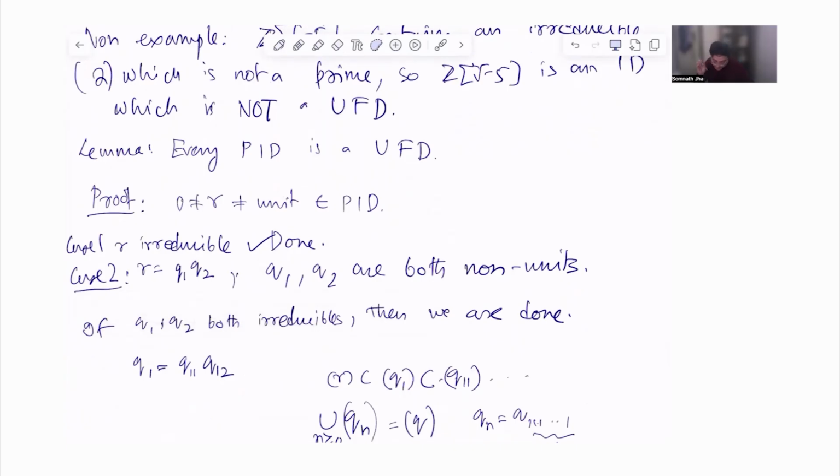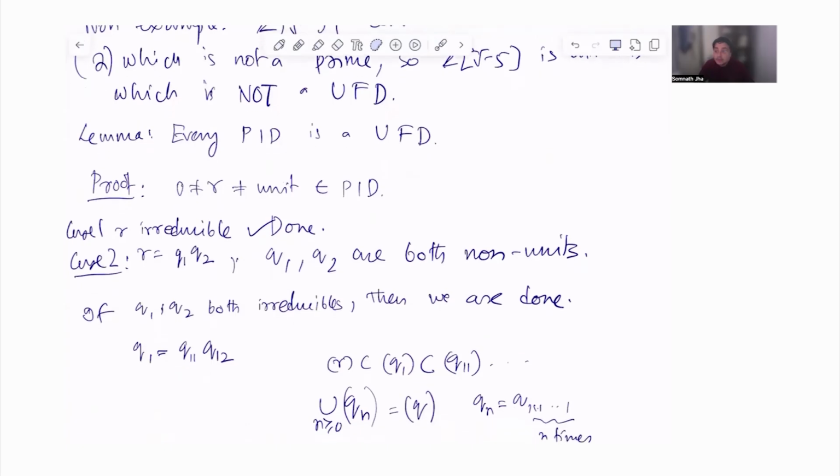And so you had the element R. R is a multiple of Q1, so R belongs to the ideal generated by Q1, and Q1 equals Q1_1 times Q1_2. So R is contained in (Q1) and (Q1) is contained in (Q1_1), and this can continue.